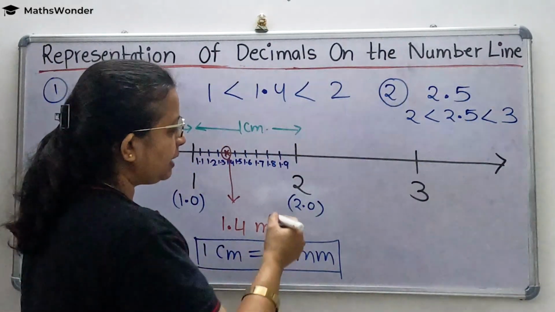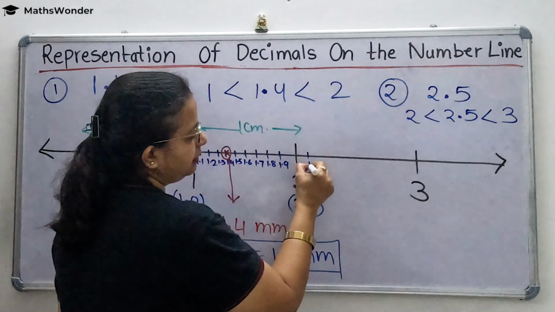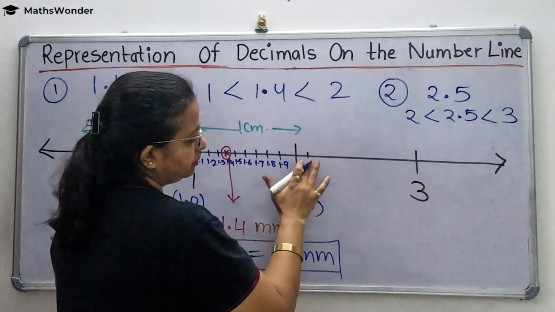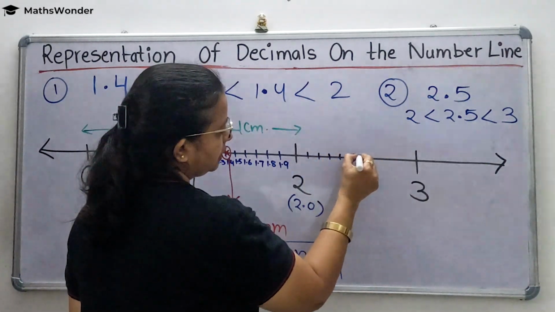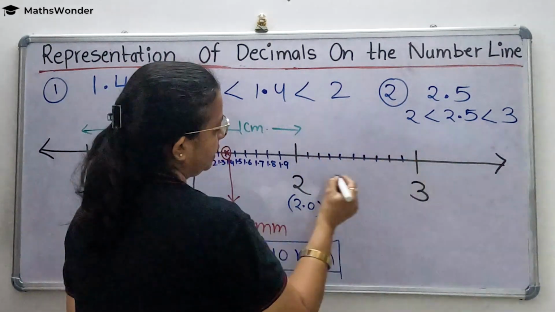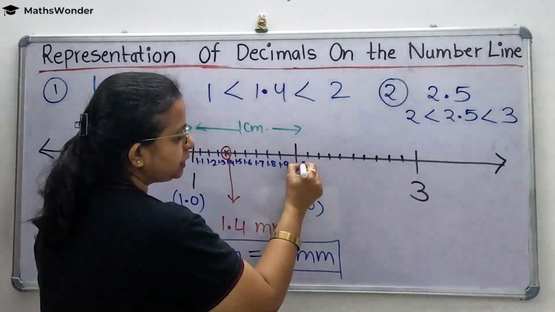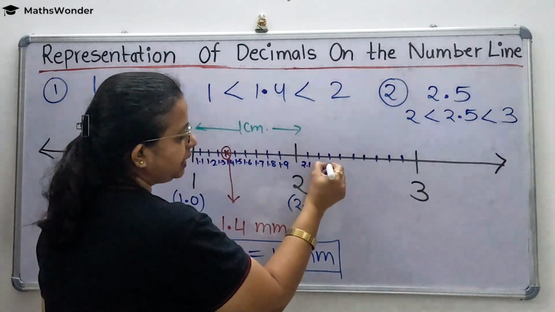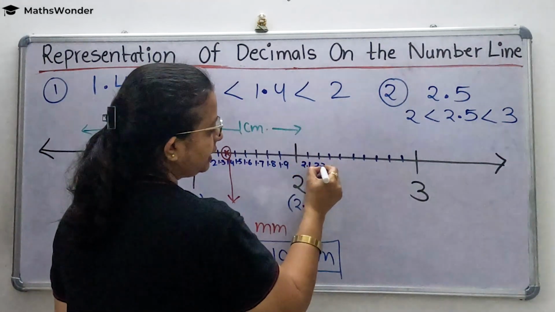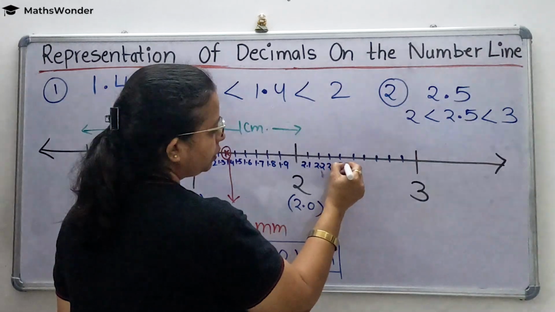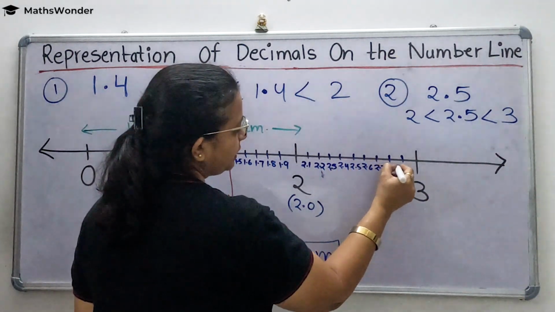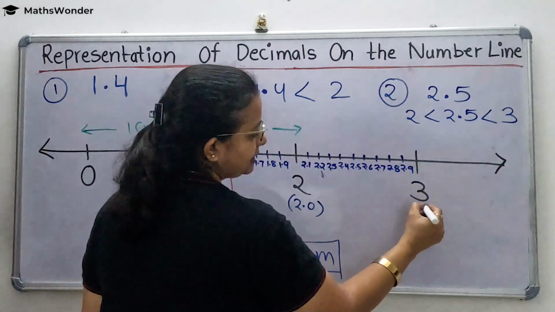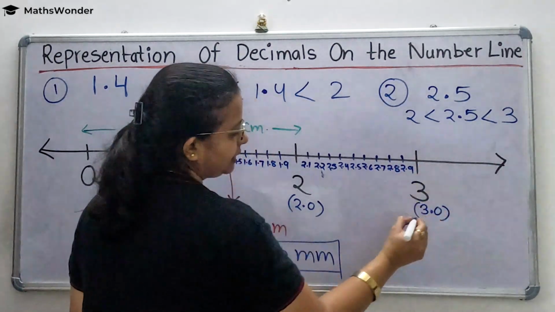Now you will give 10 parts between these. So 2.0, after 2.0, 2.1, 2.2, 2.3, 2.4, 2.5, 2.6, 2.7, 2.8, 2.9, and this is 3.0, which means 3.